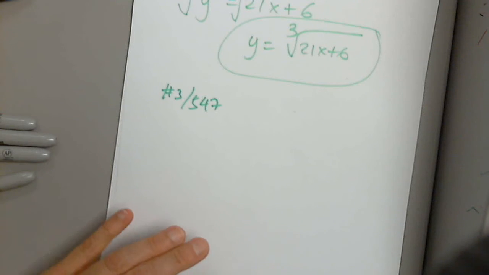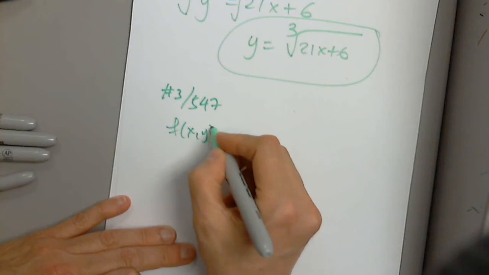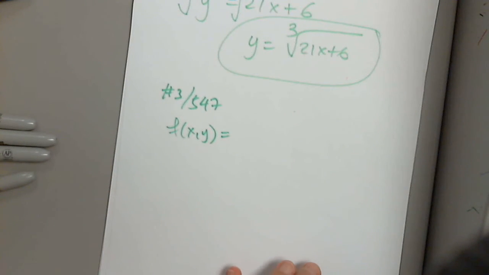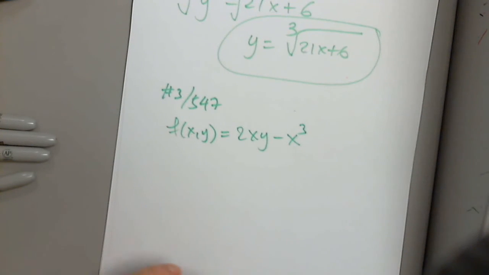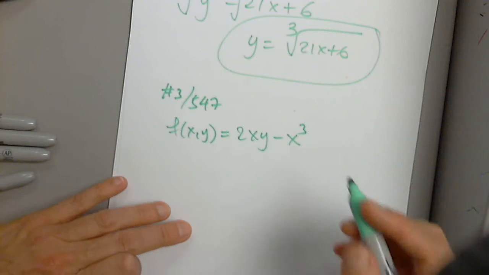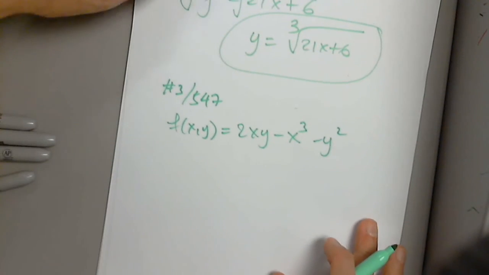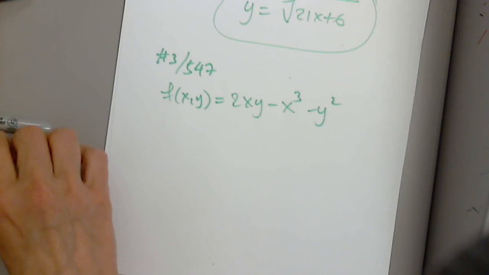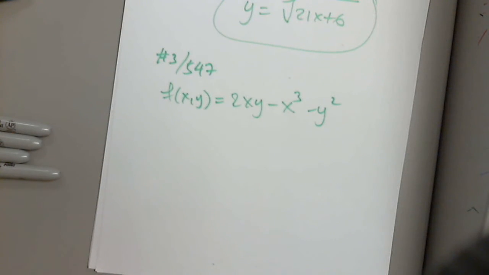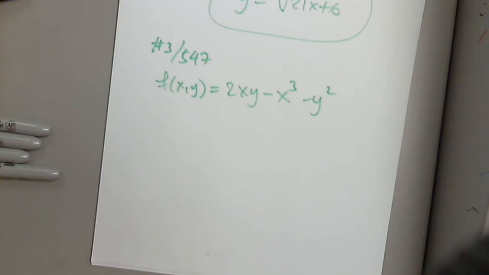Problem 3, f of x, y equals 2xy minus x cubed minus y squared. Make sure I copied it correctly. Good. So we're asked to determine whether this function has a relative, not absolute, relative max or min.